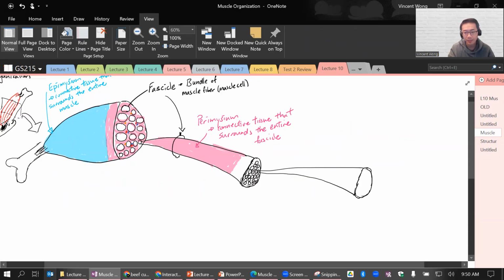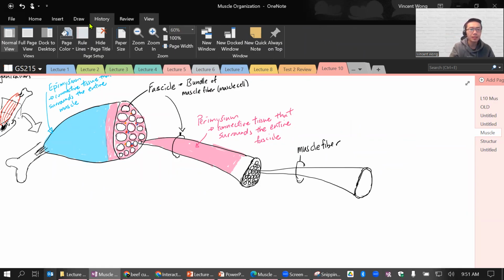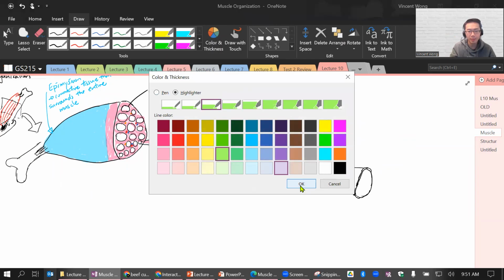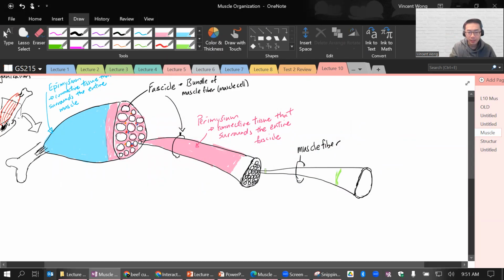We just got to pull it out one more time, and then we're going to be done, okay? So this thing that was just pulled out is a single muscle cell, which we call a muscle fiber. A bundle of them, a group of them, is going to be called a fascicle. Now you probably guessed this already. The muscle fiber is surrounded by another layer of connective tissue. So if you peel away the perimysium, you will immediately see that connective tissue, right?